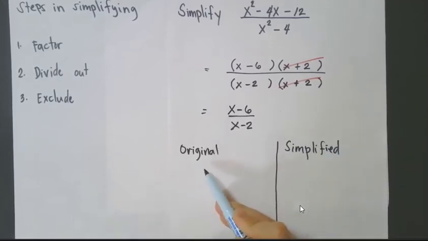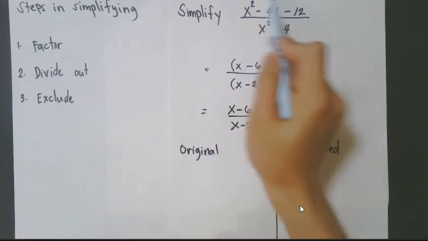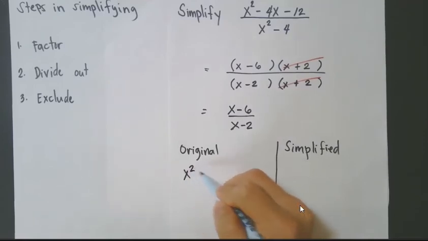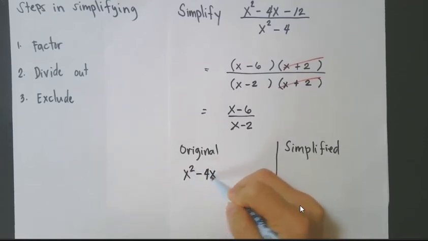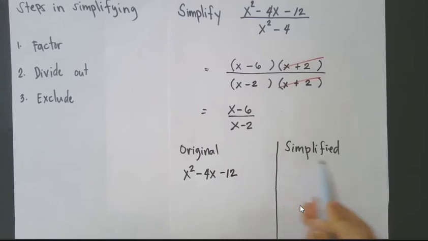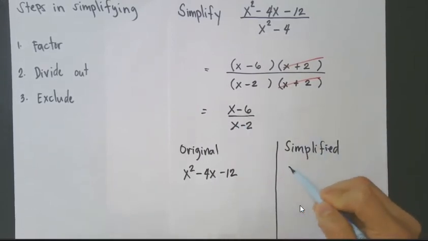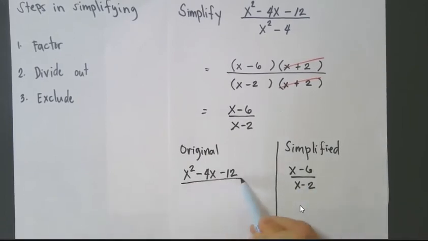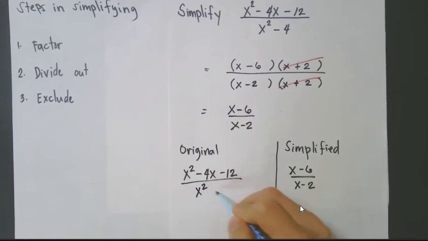What was our original expression? It's here, right? So we have x squared minus 4x minus 12 over x squared minus 4, and our simplified expression is x minus 6 over x minus 2.